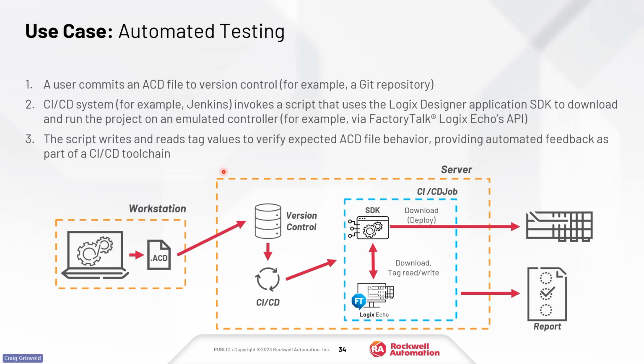In the case of automated testing for continuous integration or continuous improvement and development, like a Jenkins pipeline that they're showing here, the SDK kit can bring in different version controls, download and test in Echo first, gather up results, create a report, and then once the report's validated, it can be used to automatically download to the physical controller.